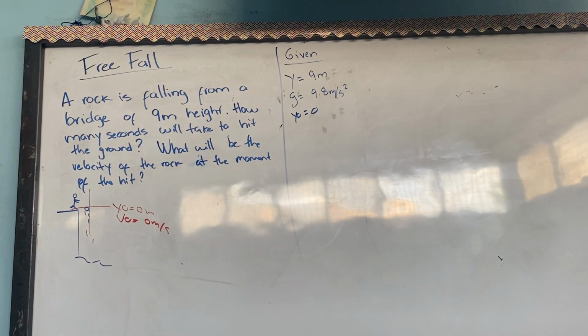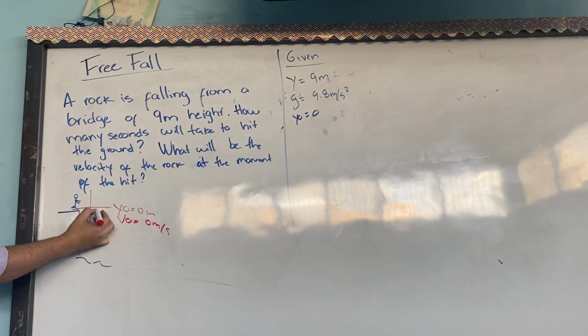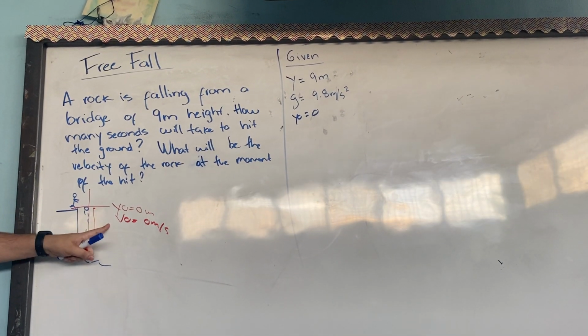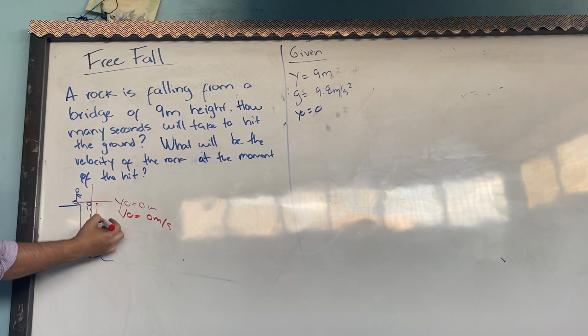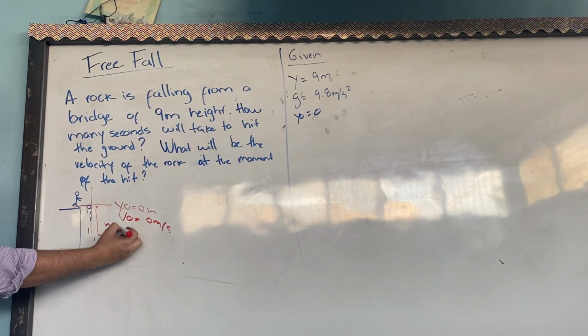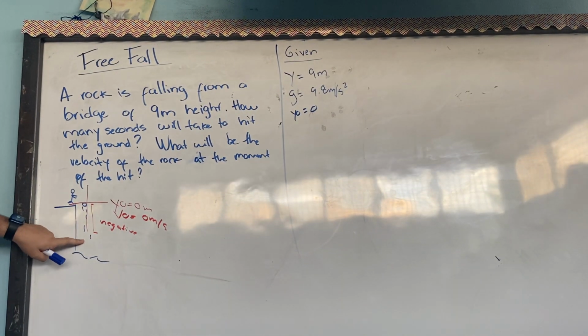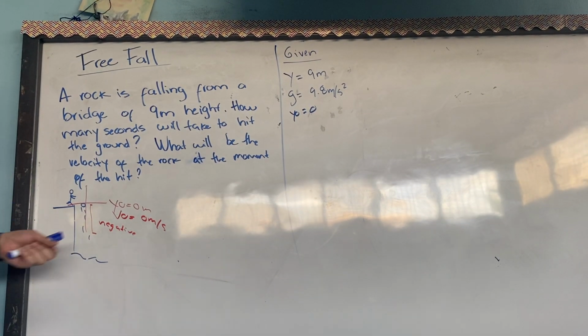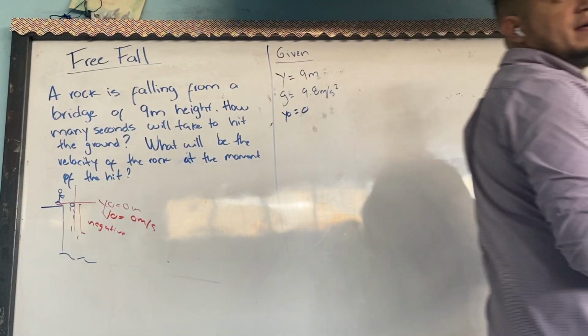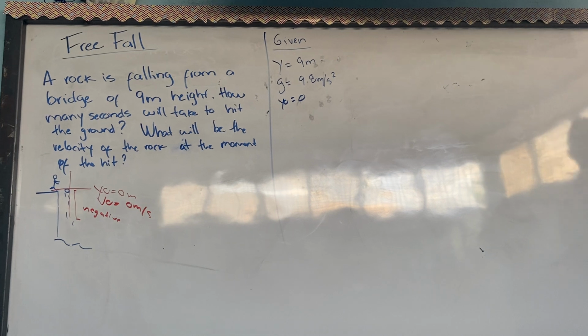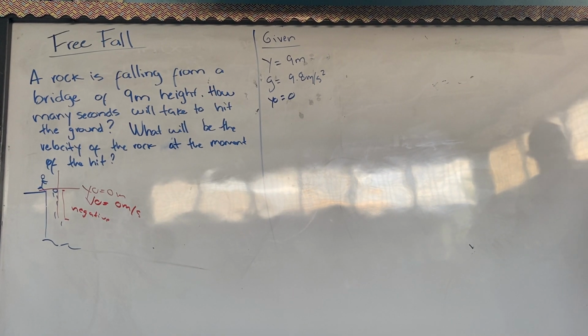And remember, everything that goes below the origin on the Cartesian plane will be negative, right? So when we find, for example, a velocity under the origin of the Cartesian plane, it will be negative. The position under the origin of the Cartesian plane will also be a negative position, right? So now we have the 9 meters.